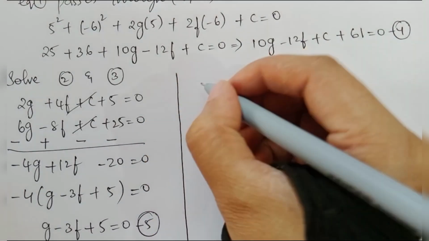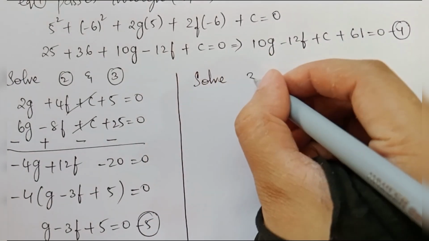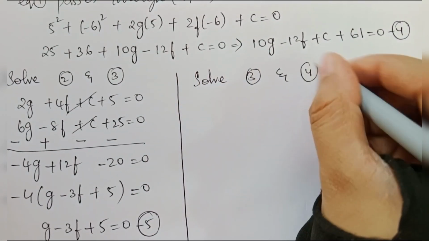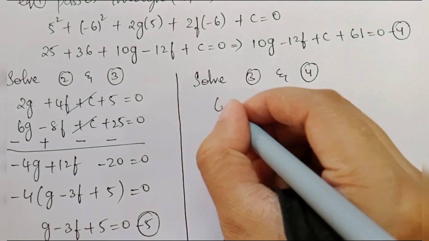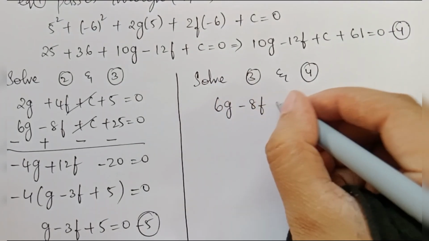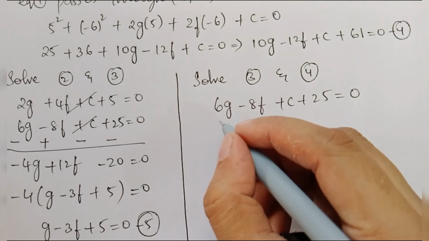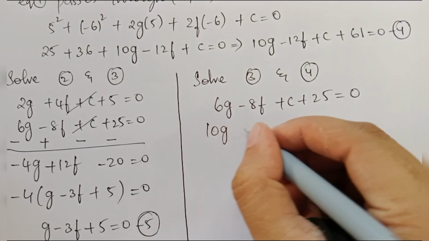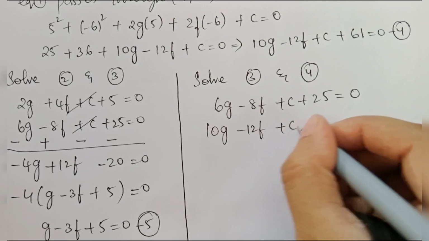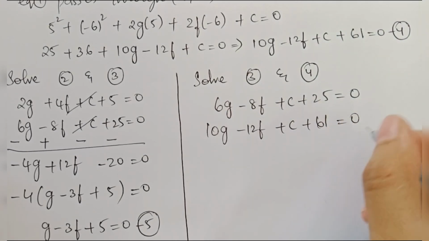Now we will solve equations 3 and 4. So equation 3 is 6g minus 8f plus c plus 25 equal to 0, and equation 4 is 10g minus 12f plus c plus 61 equals to 0.